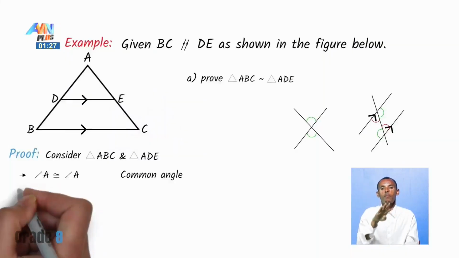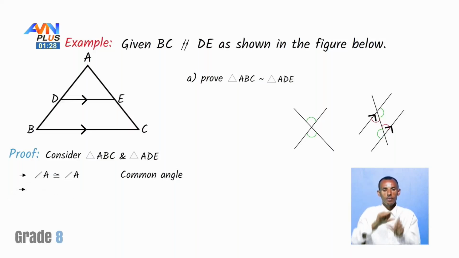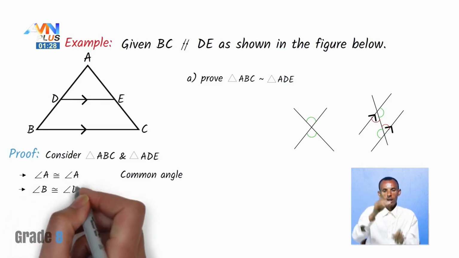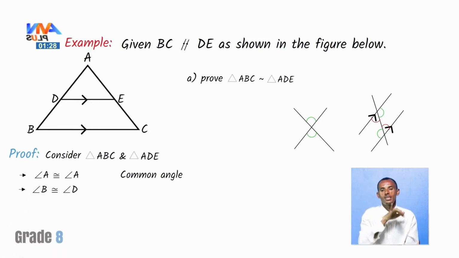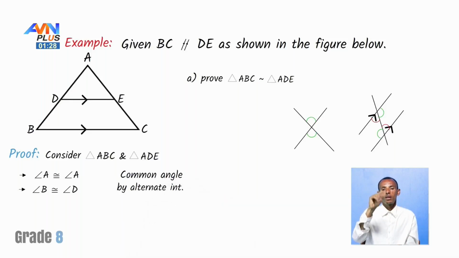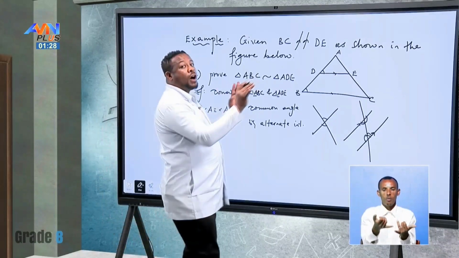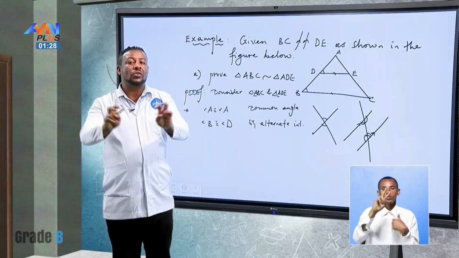By alternate interior angles, angle B and angle D are congruent. So now we do have two corresponding congruent angles.